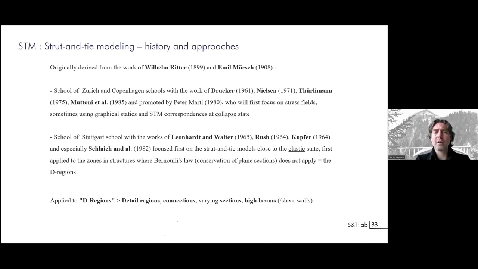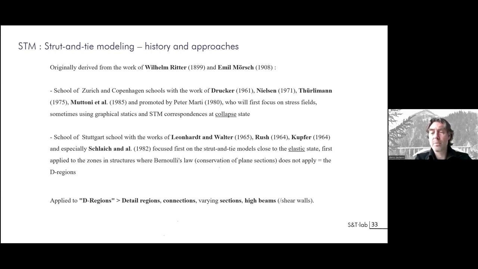That's important, so we have the plastic zone. And the School of Stuttgart, with Leonhardt and Walther, Rüsch, Kupfer, and Schlaich, will focus on a state close to the elastic state, so that we start from the elastic analysis and not from the collapse mechanism, to put forward several strut-and-tie models in what they call D regions. D regions are the detail regions where you have a connection, varying section, deep beam, or shear wall.